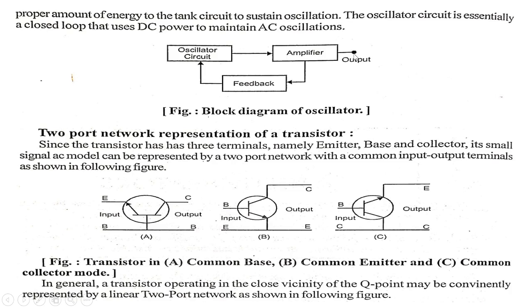An amplifier increases the output signal of the tank circuit. A feedback circuit delivers the proper amount of energy to the tank circuit to sustain oscillation. The oscillator circuit is essentially a closed loop that uses DC power to maintain AC oscillations.